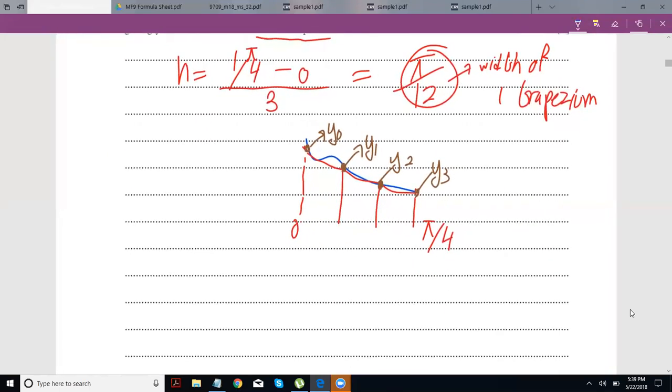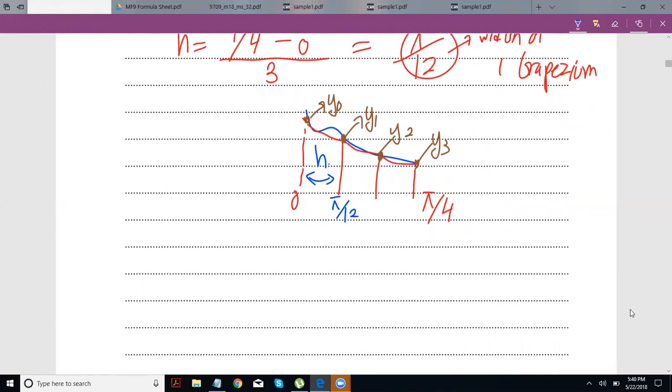But for that, you have to first figure out the x values. And if your concept is fine, you shouldn't have an issue. So if you think about it, this here is equivalent to h. It's equivalent to the width of one trapezium, right? And that is pi upon 12, which means here it should be 0 plus pi upon 12, which is pi upon 12.